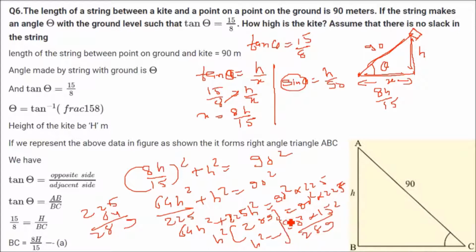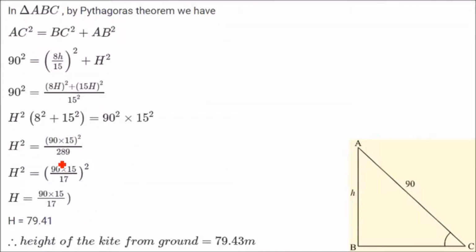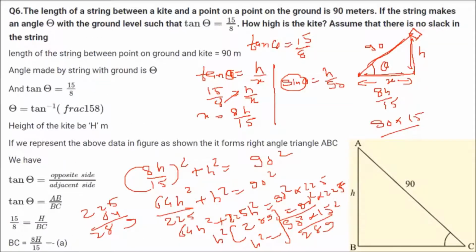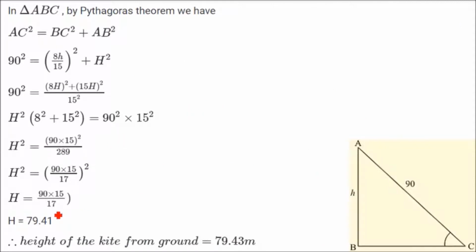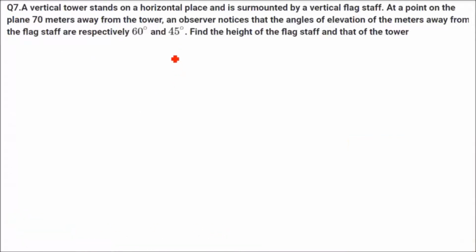I'll take the square root of this. 90 square, so 90 will come out; 15 square, so 15 will come out; and 289 can be written as 17 square. When we take the root, 90 into 15 by 17 will come. So this is your answer. You can just solve it. It will be 79.41, or you can take it to whatever decimal you want.